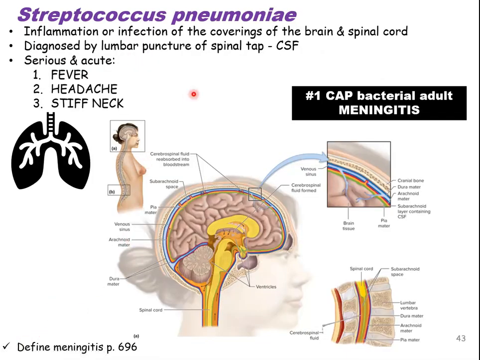Another thing Streptococcus pneumoniae can cause is that they're the number one cause of bacterial adult meningitis, community-acquired. Just to remind you, the symptoms of meningitis are fever, headache, and stiff neck. It starts off as an infection that can then spread to the meninges, the coverings of the brain and the spinal cord.